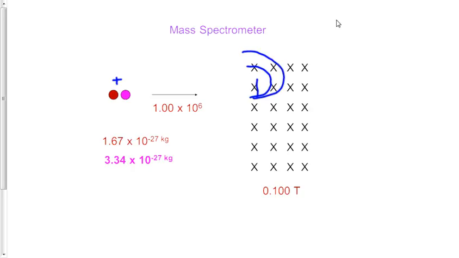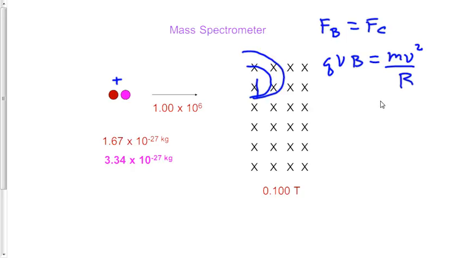Okay, from what we know, the magnetic force is going to be acting like a centripetal force, because the path of these particles is going in a circle. So then we set the equation qvB, and of course there's a sine of theta, but we are perpendicular, so the sine of 90 is equal to 1. That's going to equal mv squared divided by r, r being the radius of their path.